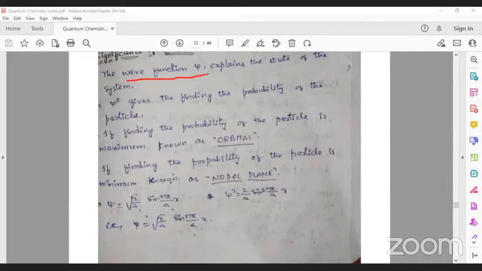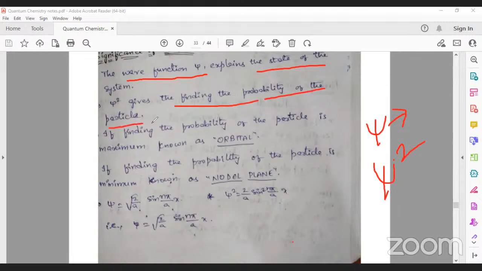Psi is the wave function. It explains the state of the system. But when we take psi square, that gives the probability of finding the particle. Psi we get from the solution.